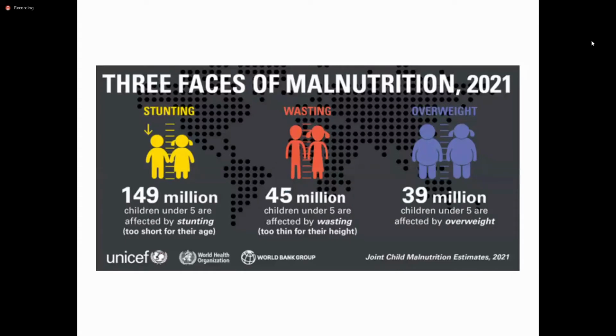And previously we used to see more of the problem of undernutrition, stunting or wasting. But now there is a third phase of malnutrition coming up. Many children are also becoming overweight, which is also not good.